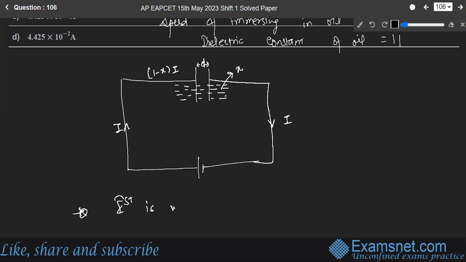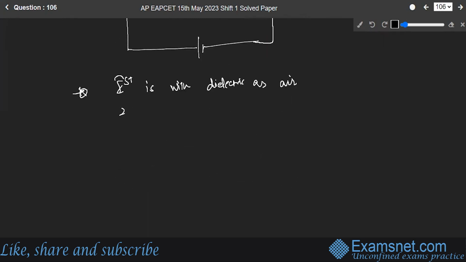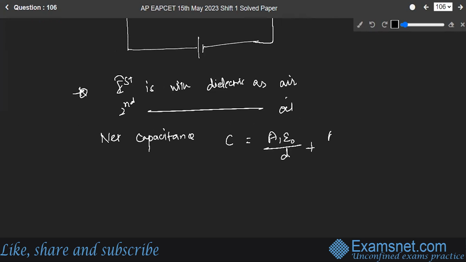Net capacitance will be given by C equal to A1 epsilon naught upon d plus A2 epsilon naught K upon d.